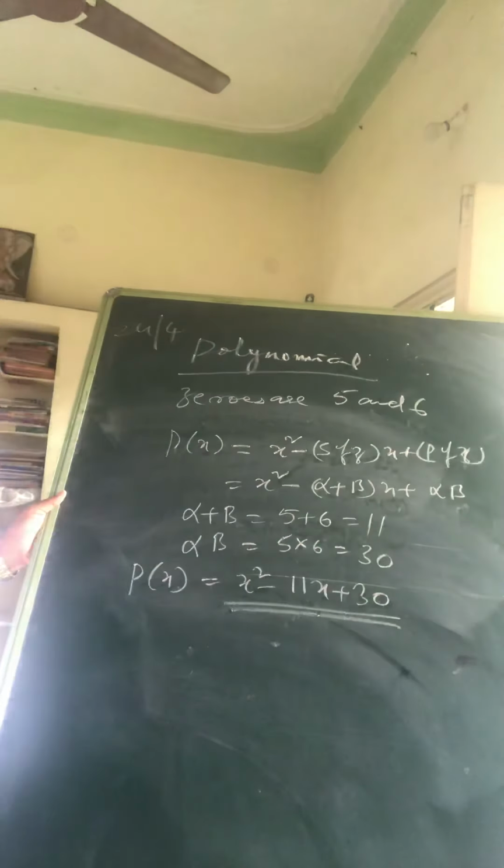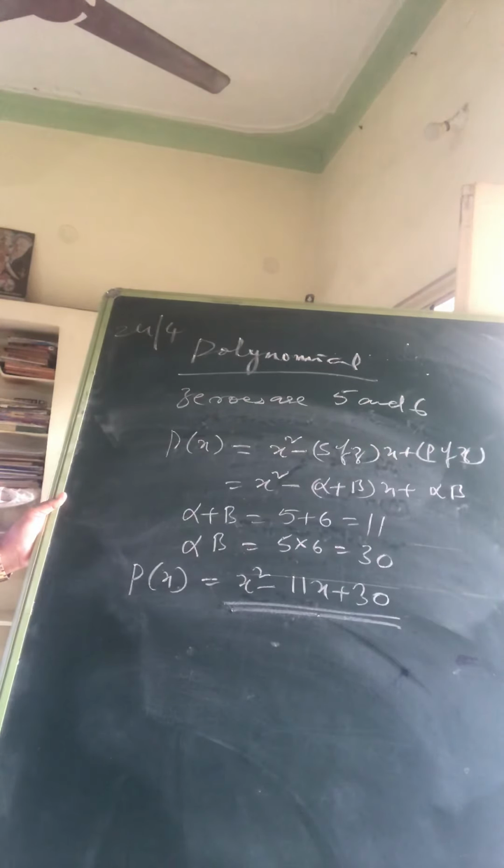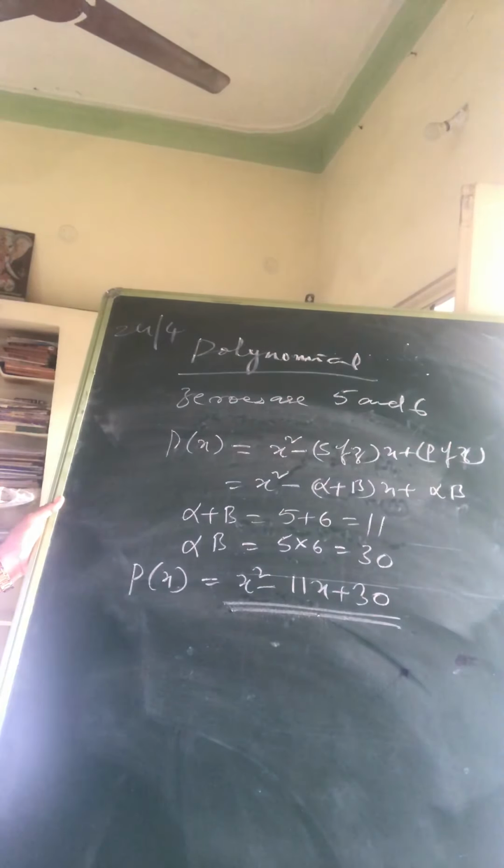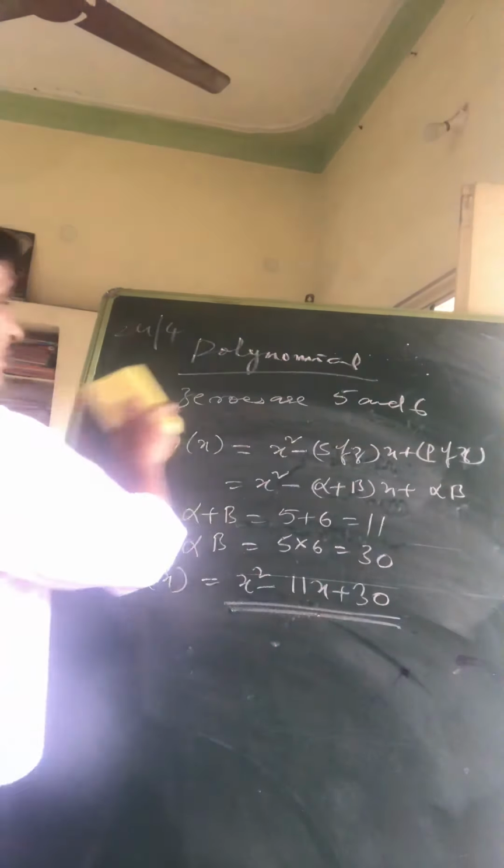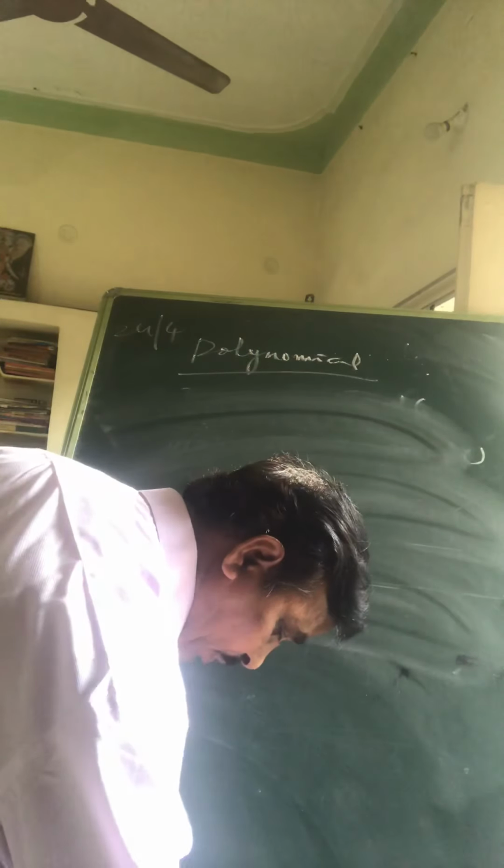This is the polynomial when the two zeros are given. Okay, this is one of the methods to write the polynomial when the zeros are given. And we can do some problems from our book, from exercise 2.2.